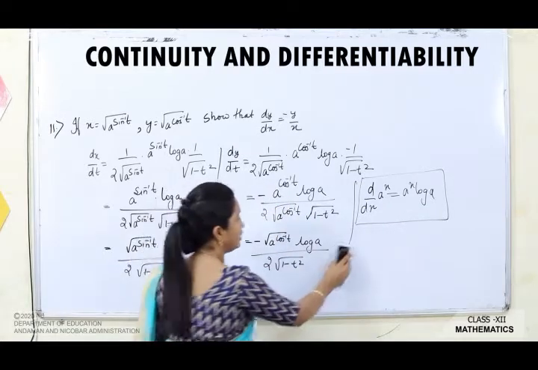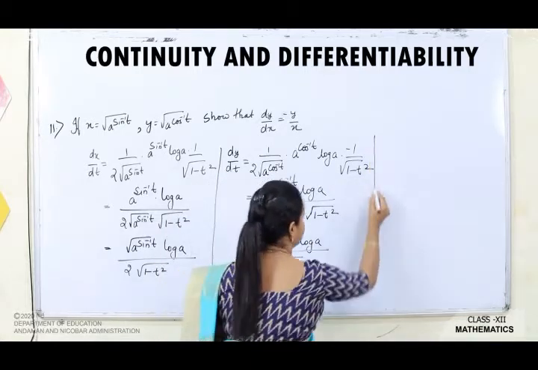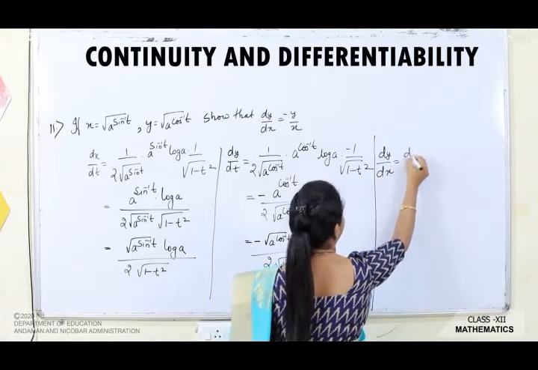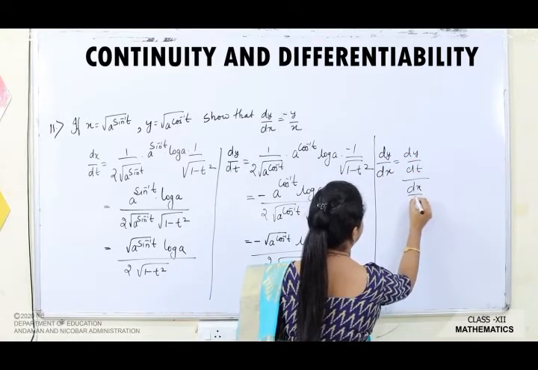with a minus sign. Now, finally, you have to find dy by dx. So, dy by dx is dy by dt by dx by dt.